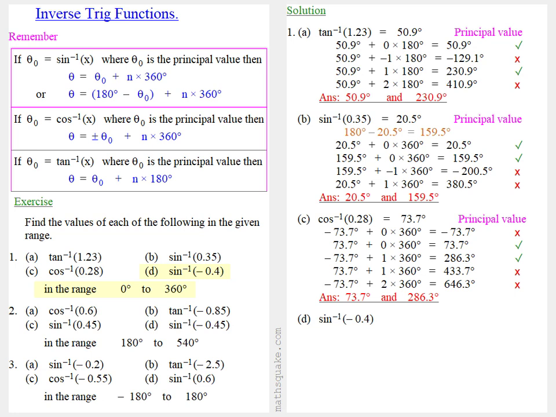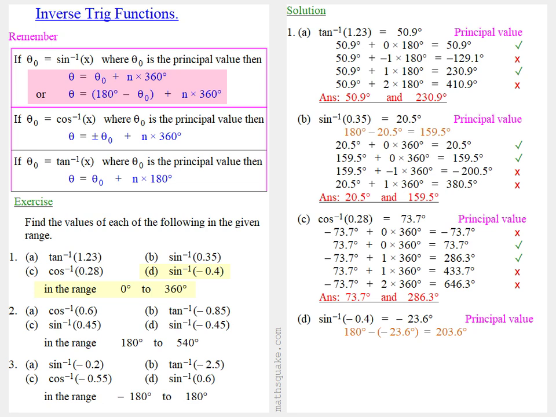In part D, we want the inverse sine of minus 0.4. Well, on the calculator we get minus 23.6 degrees, and that's our principal value. Now with the inverse sine, we want the principal value and we want 180 minus the principal value. Well, 180 minus 23.6 is 203.6 degrees.